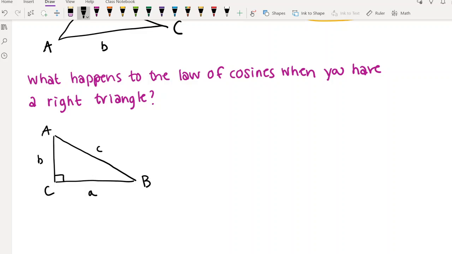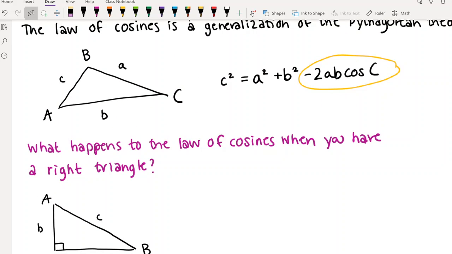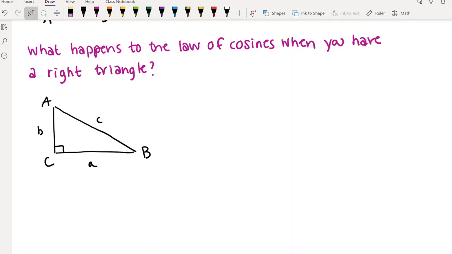So if you try to do the law of cosines with this right triangle, let's say we were doing it in the format that was written up here: c squared is equal to a squared plus b squared minus 2ab cosine of c. So we would say c squared is equal to a squared plus b squared minus 2 times a times b times cosine of 90 degrees. So what is cosine of 90 degrees?